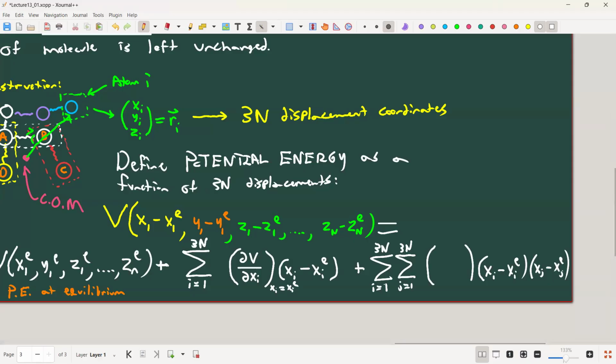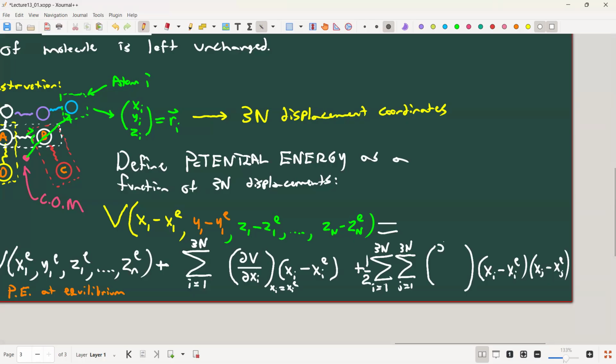And then I have to add a 1/2 to it. And then I have the coefficient on the quadratic, which is the second derivative function.